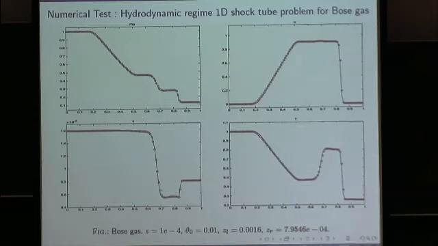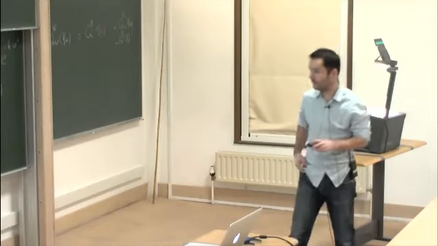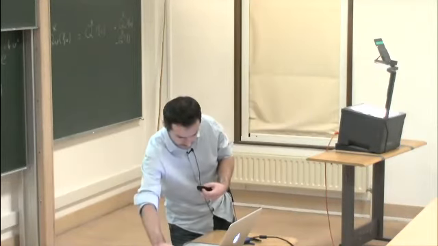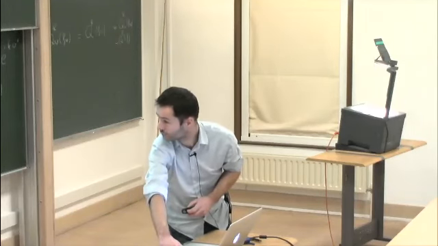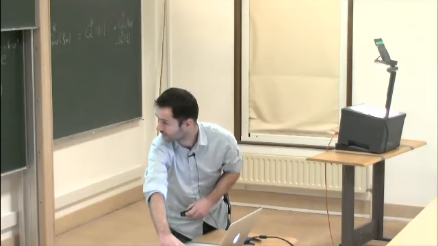Here it is the temperature T, and here this is the fugacity Z. So we compare the solution given by approximating the kinetic equation and the numerical solution approximating the Euler limit, which is the asymptotic limit of the quantum Boltzmann equation. And you find a very good agreement between the two in this regime, even if the scheme we don't really apply to the quantum. We didn't use the quantum Maxwellian here.